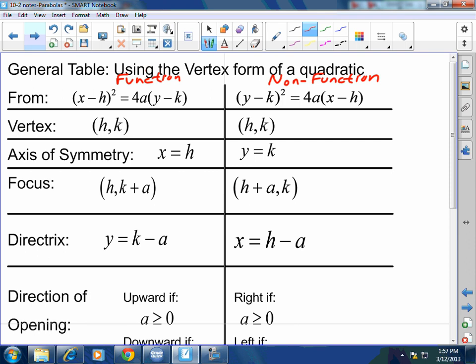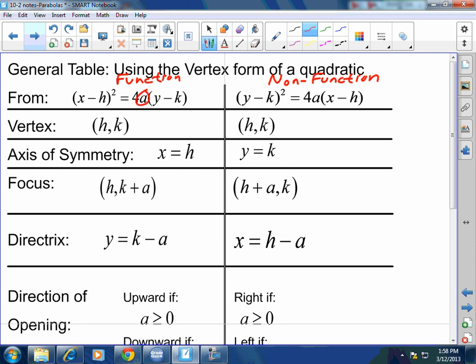Remember your axis of symmetry? Axis of symmetry was the h value of the vertex. So your axis of symmetry is x equals h. Okay, it is an equation. So you have to put the x equals h there, guys. The focus, that's that point that we use to prove that it is a parabola. The focus is going to be h, comma, k plus a.